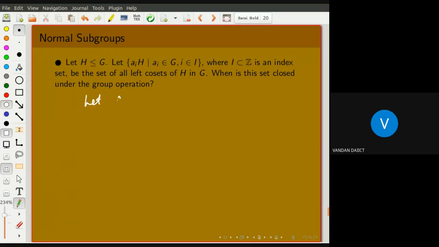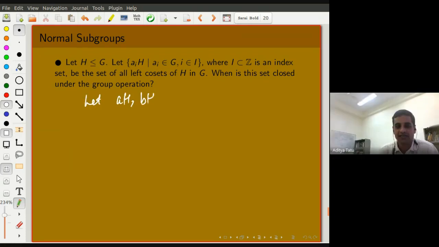So let aH and bH be two left cosets in G. The product aH times bH is defined, right? How is this defined?